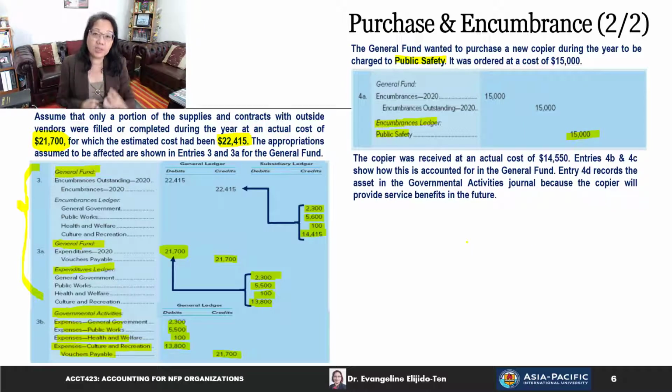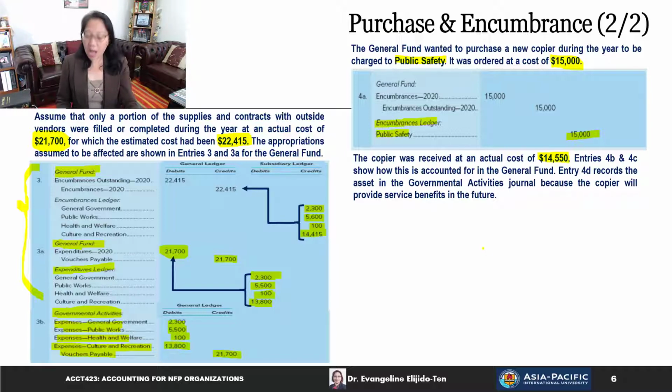Now, once we receive the copier, we will then incur a liability. The general fund will now incur a liability. And so, we were only asked to pay actual cost of 14,550, even though we have entered into a contract for 15,000. So we've saved $450.